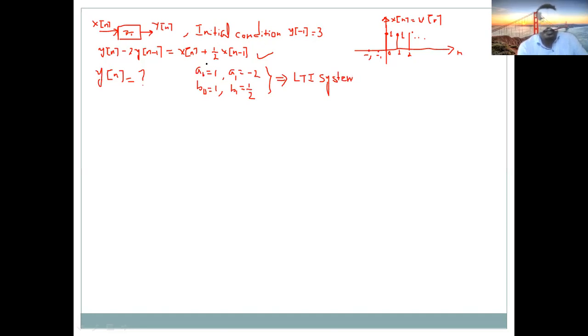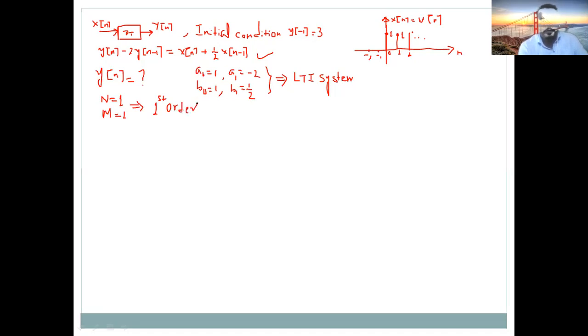What is the order of this system? It is only delayed by 1 at maximum. So for this system, n is 1, and m is also 1. So this is a first order difference equation.